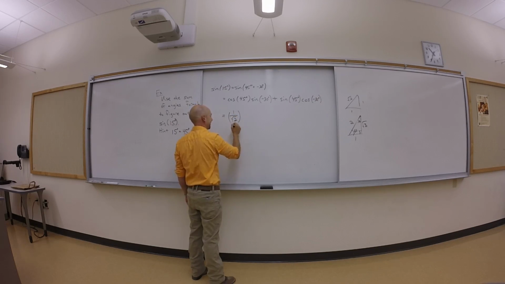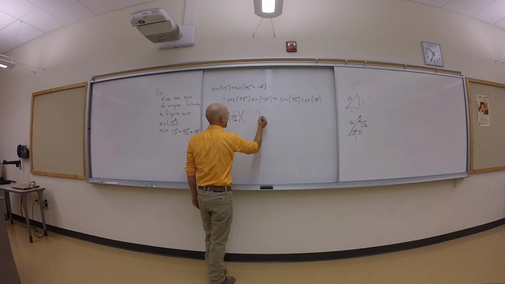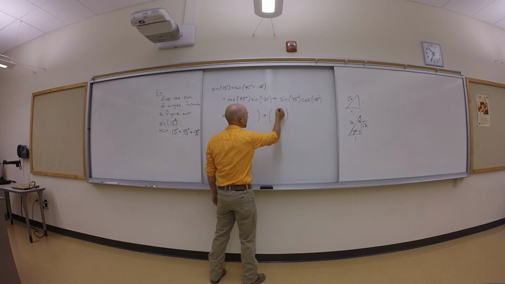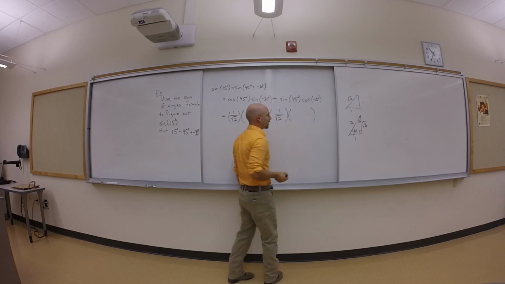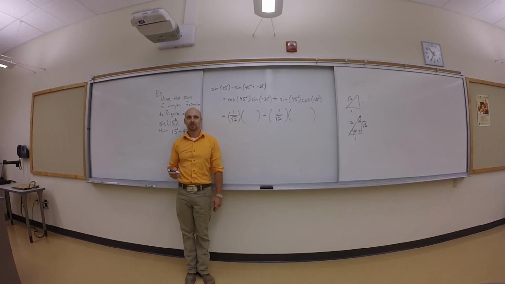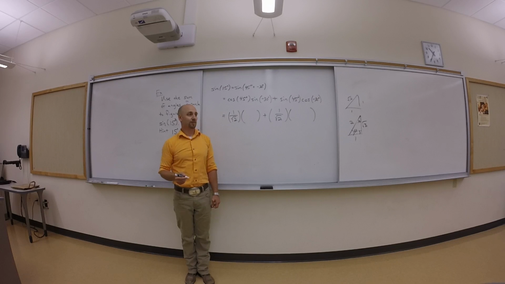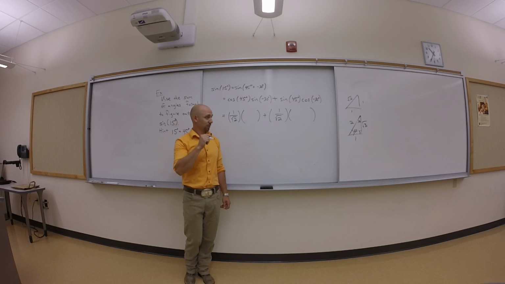Okay, so I'm just filling those bits in because I know them. Then there's going to be more complicated bits. Why are these bits more complicated? Because I need to think about negatives, because this is a backwards angle, right? So it's outside of my usual.